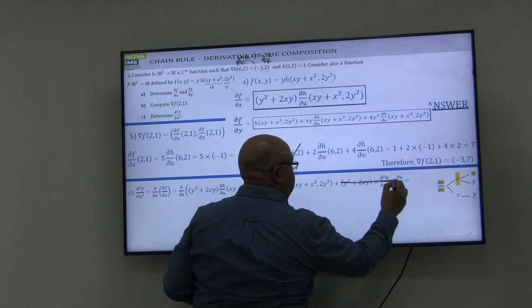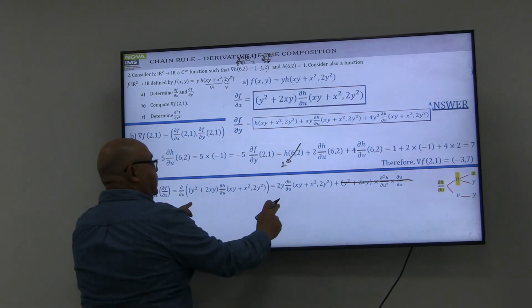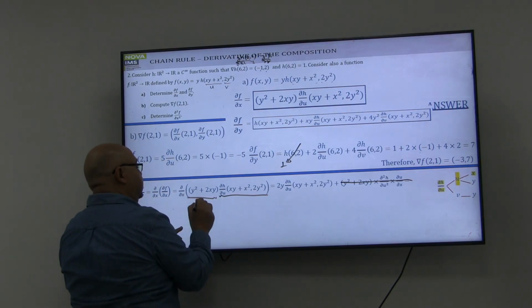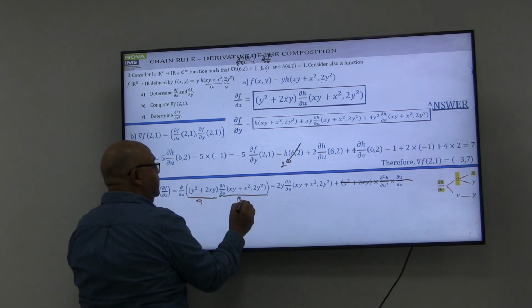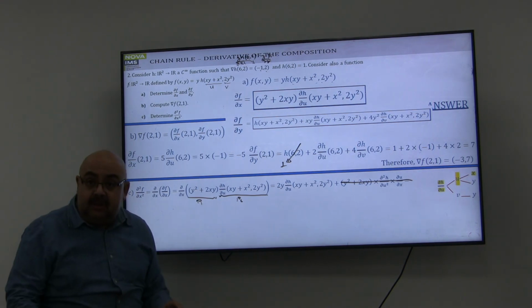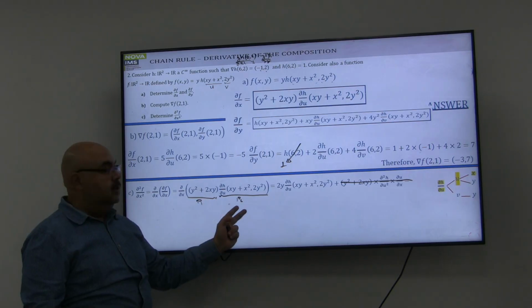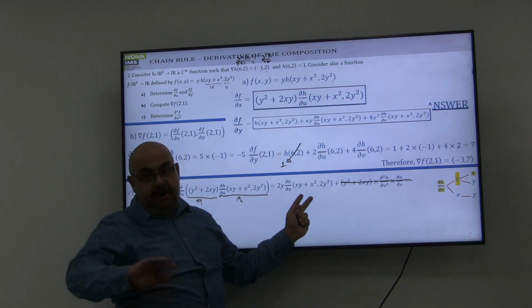Forget this. If I want to rewrite it, this is the first part, this is the second part. This is part number 1, part number 2. Differentiating part number 1 times part number 2 already happened. Then I will replace.